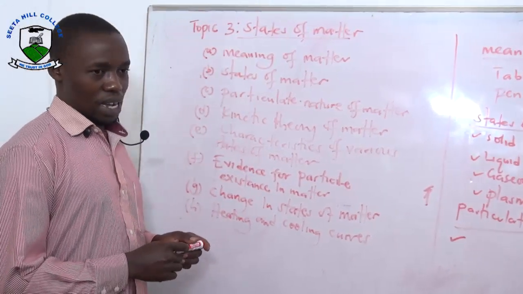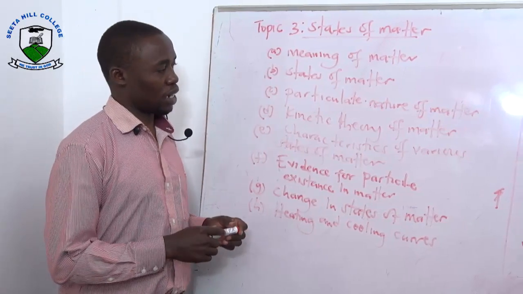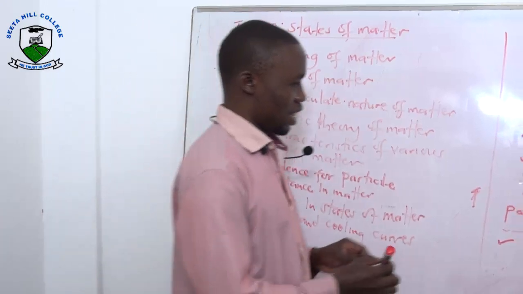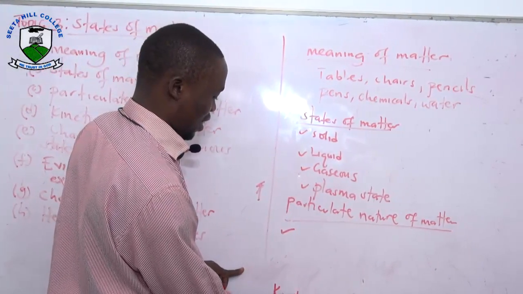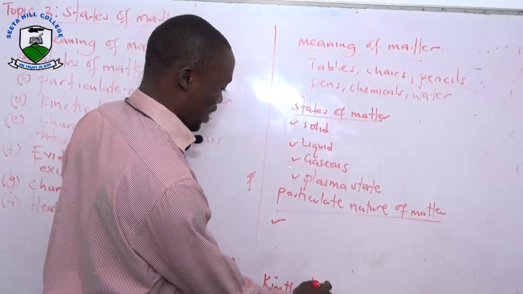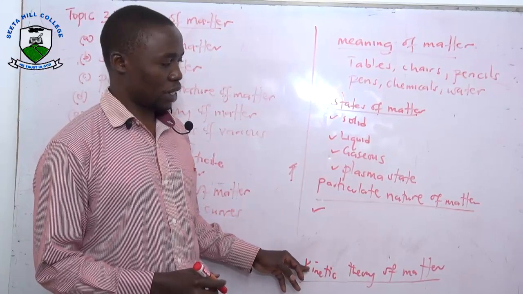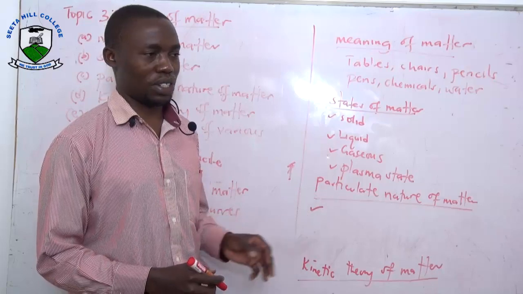Now, let us engage in another theory, specifically called the kinetic theory of matter, before we go ahead. Kinetic theory of matter was picked as a summary of these scientific theories.